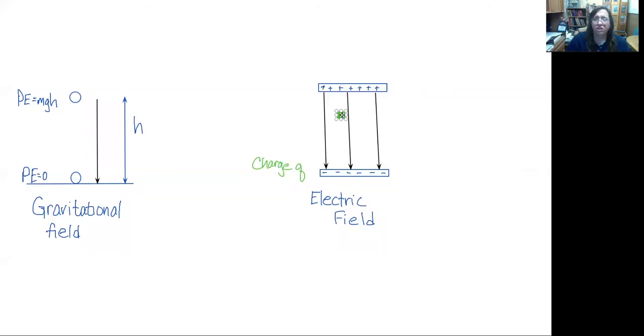As we move the charge up, we've done work on the charge, and the amount of work per unit charge shows us the potential difference. And that's the first equation we're going to use today. So the work per unit charge is called the potential difference.